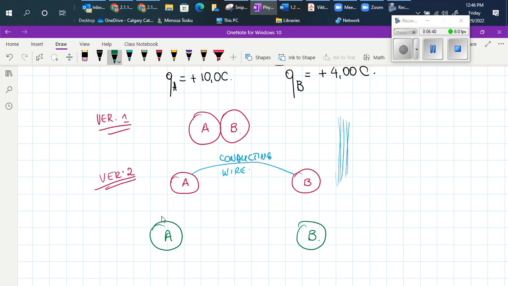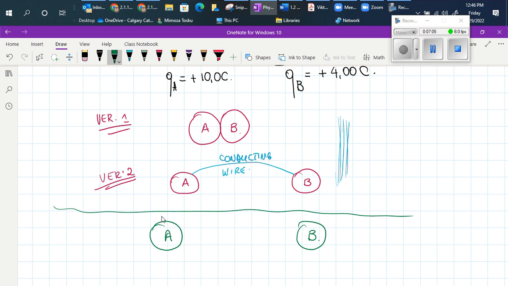By touching those two objects or connecting them with a conducting wire, the electrons are evenly distributed between the two objects. What does that mean?